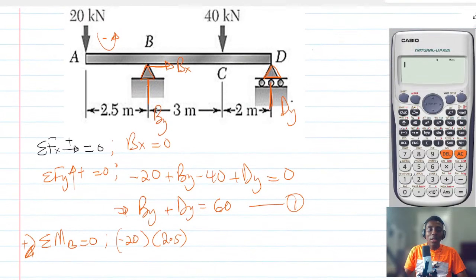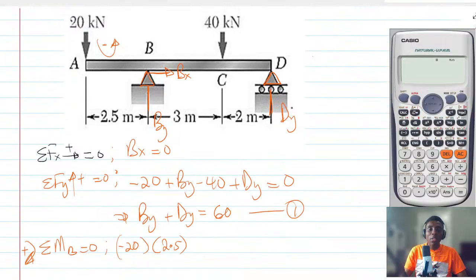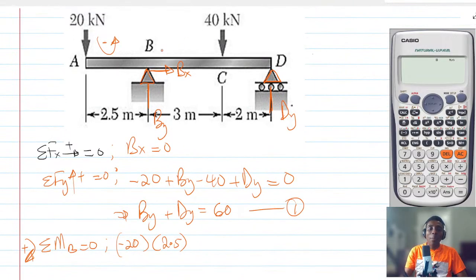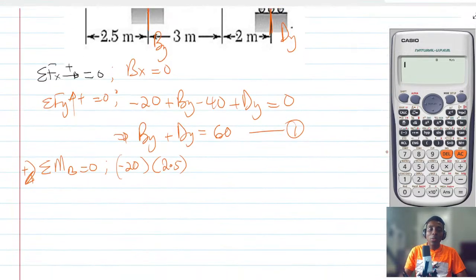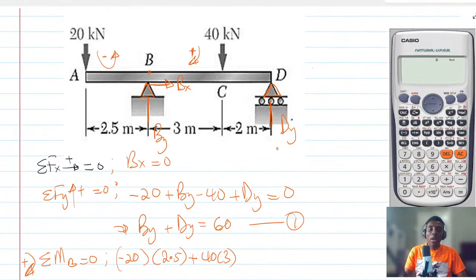Then you take 40 kilonewtons about point B, it will create a clockwise moment. So 40 times 3. And then finally Dy.